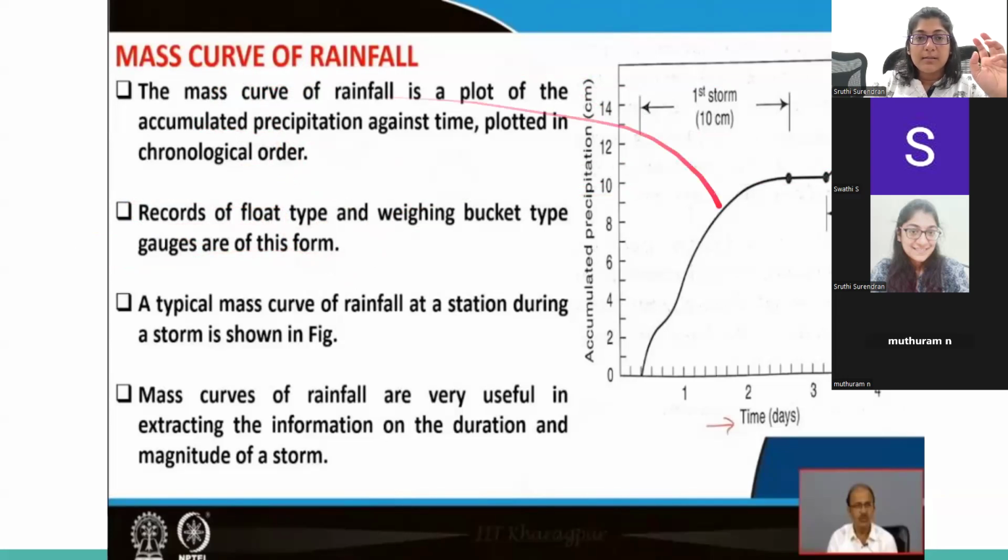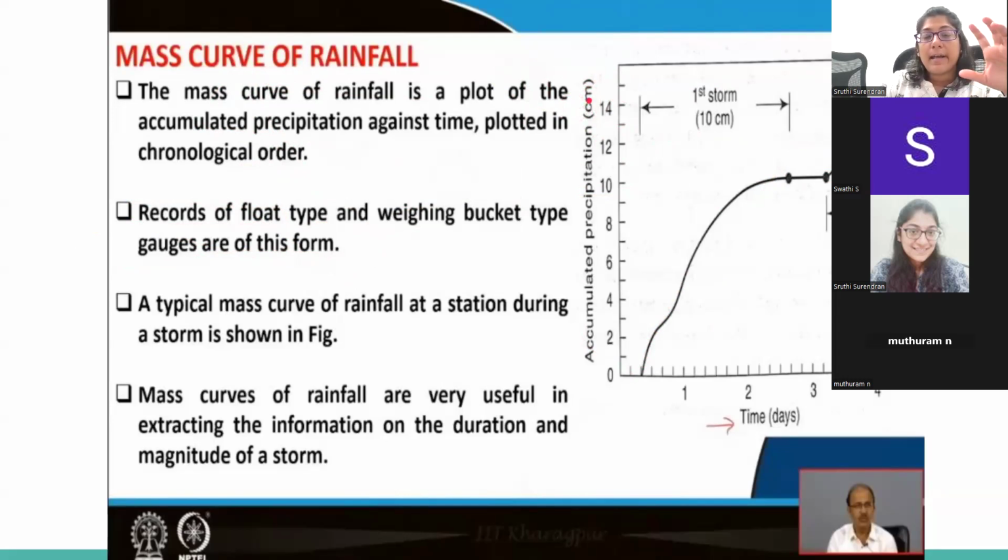So here what is happening is, in the chronological order, what is the accumulated precipitation? As in the first day this much precipitation, then second day this much precipitation. In increasing order of time, the plot is plotted, and it is between the accumulated precipitation, not intensity. You can notice the unit over here. It is centimeters.